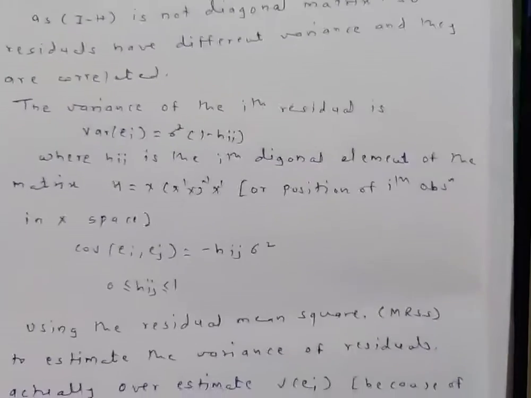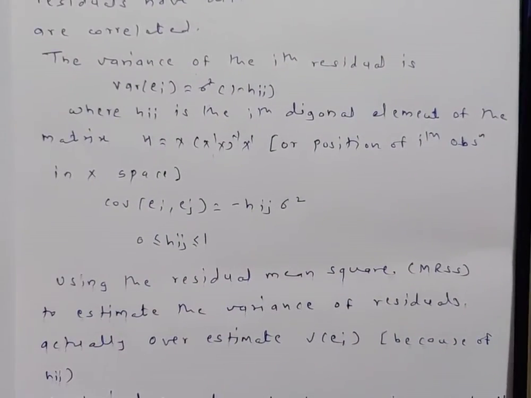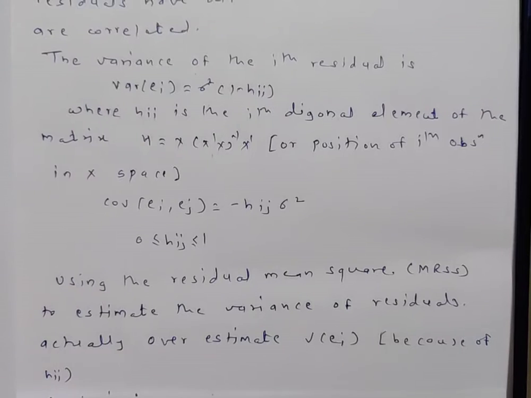Using the residual mean square MRSS to estimate the variance of residuals actually overestimates the variance of e_i because of h_ii; the estimate of MRSS for sigma square gives a large value.